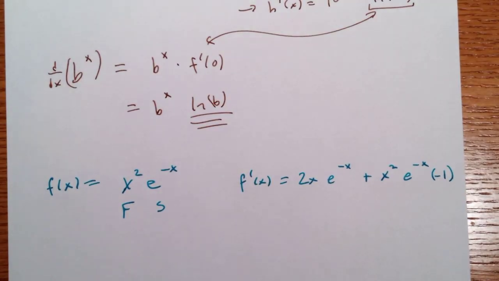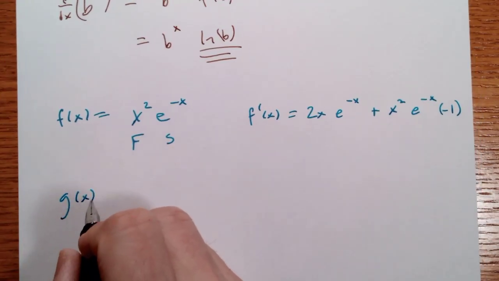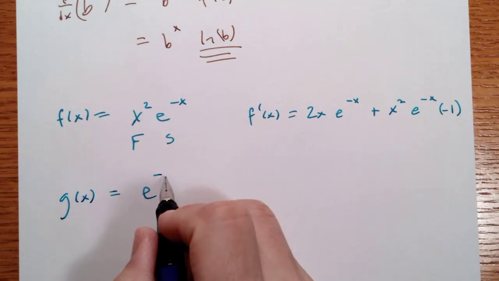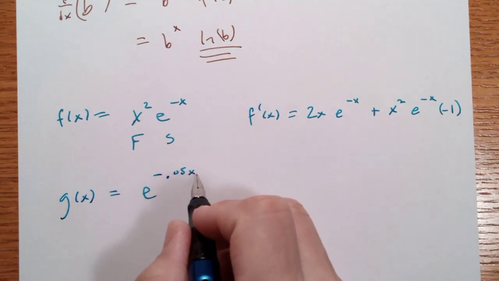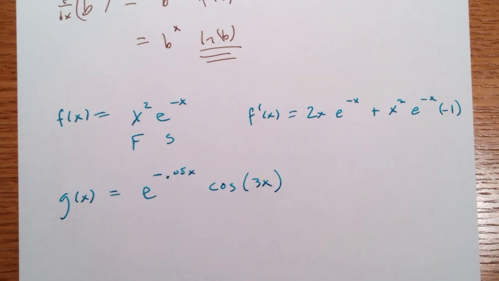The most common version of this that I use is a function that looks like this. Now, why would I have a crazy looking function like this? Well, a function like this has a very interesting graph.